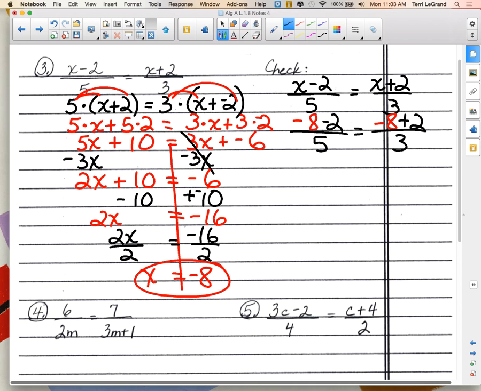We know how to do -8 take away 2. We could change this to add the opposite, and that would become -8 plus -2. What is that? -10. So this becomes -10 over 5. What's -8 plus 2? -6. And that's over 3.